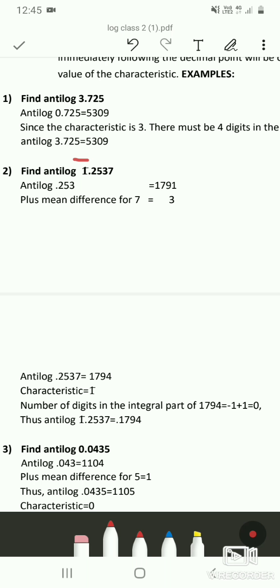Here the characteristic is minus 1, therefore 1 less than 1 would be 0, and the number of zeros after the decimal point is also 0. So you will get the value as 0.1794.